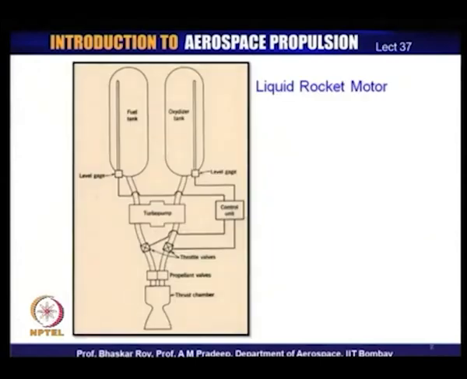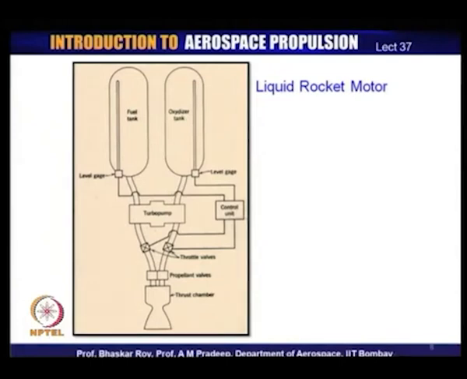We can take a look at some of the rocket engines, some of which are called rocket motors. If you take a very simple version of a liquid rocket motor, what you see here is two tanks which store the fuel and the oxidizer.